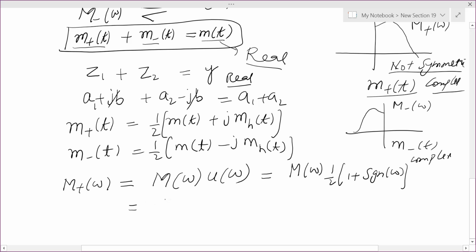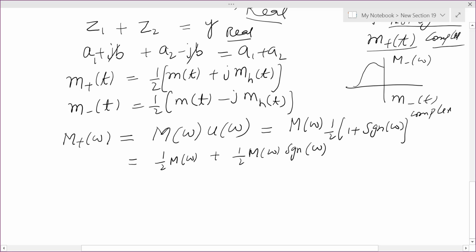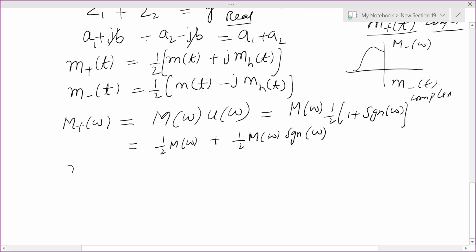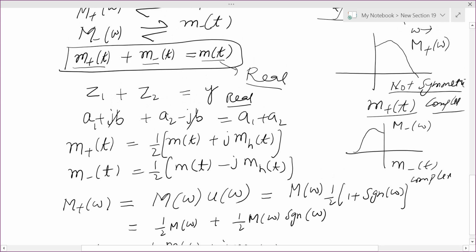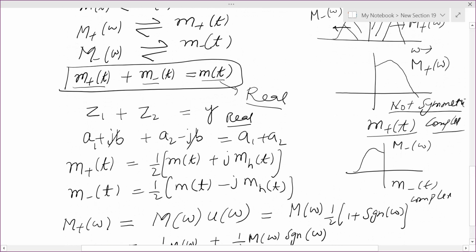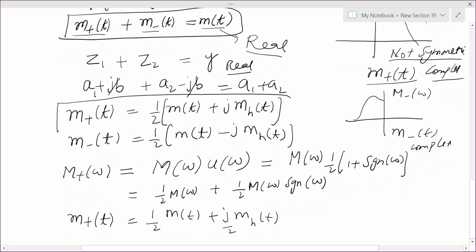So it will be 1/2 of M of omega plus 1/2 of M of omega Signum of omega. So far so good. Now look at m plus of t, that is half m of t plus j by 2 mh of t. Just go back here, this one, equation 1.